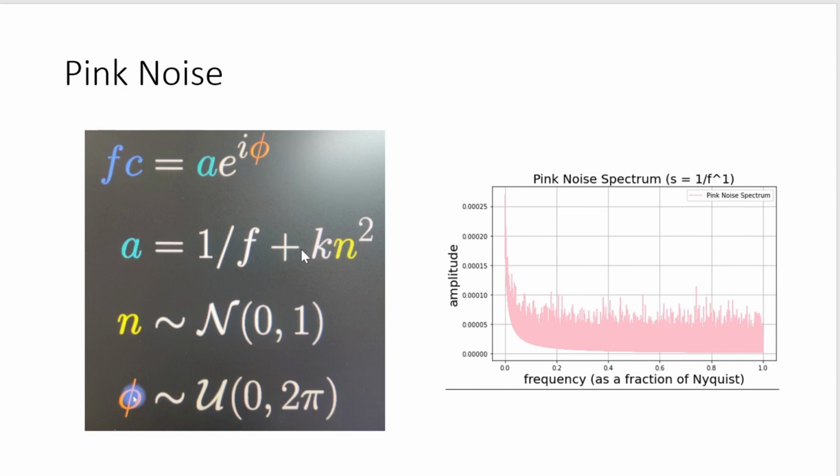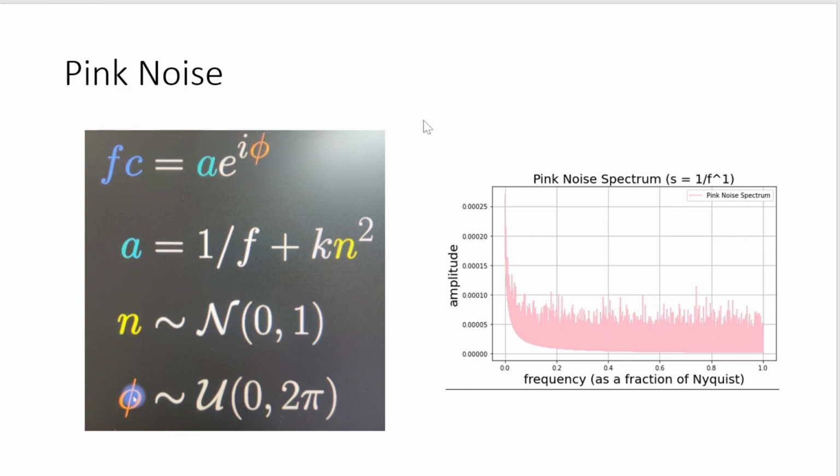And how much of it is seeping into this power spectral density is decided by this number k, which is from 0 to 1. So that's how we're going to make this randomly varying amplitude in accordance with the 1 by f law. And as far as the phase is concerned, we will use a uniformly distributed phase, varying between 0 to 2 pi, which will give a random nature to this entire signal.